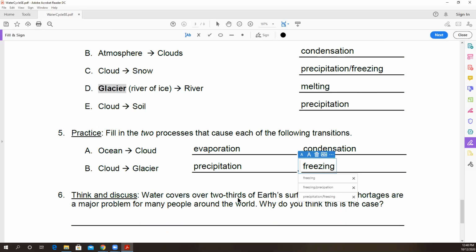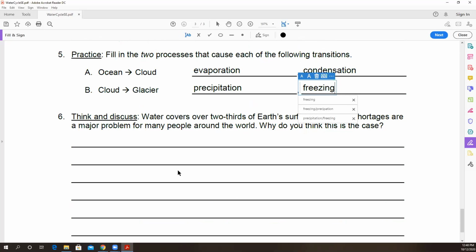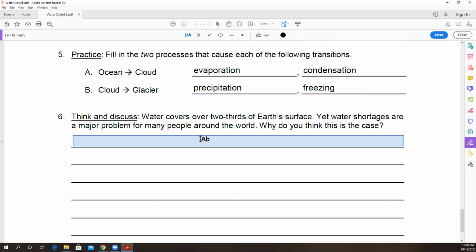All right. Now look, I'm not answering this question for you. This is all you. But I want complete sentences, and they need to be at least 3 sentences. Why are we short on water when over two-thirds of the Earth's surface is covered in it? Don't say it out loud, but I want you to think critically here. Don't just tell me because it's not clean.